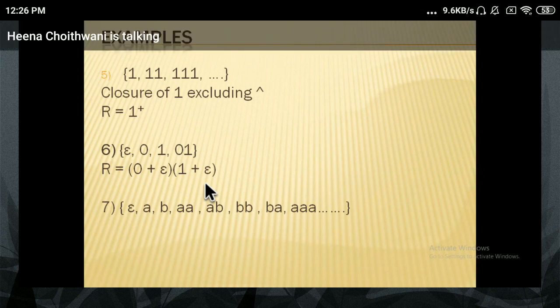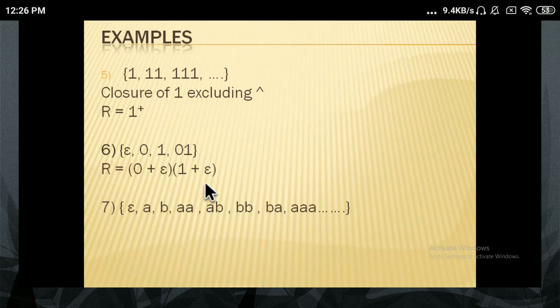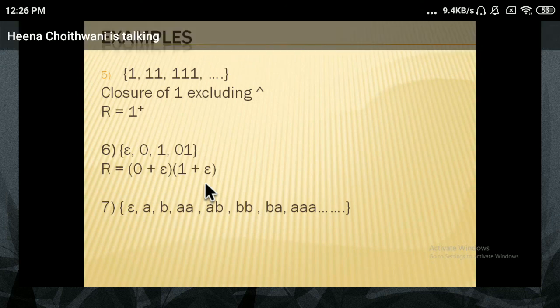Double A is nothing but a string which is made up of A. AB is already in your union. BB is a string which is made up of B. BA is already in your union. Then we have triple A, which you can get from the star. And since we are taking the star closure, your epsilon will also be included. So what will be the regular expression for this language?